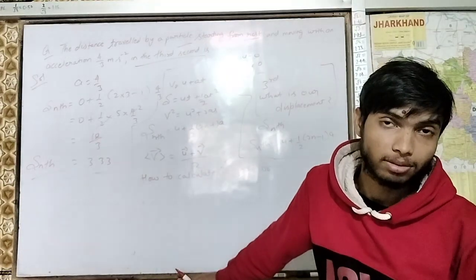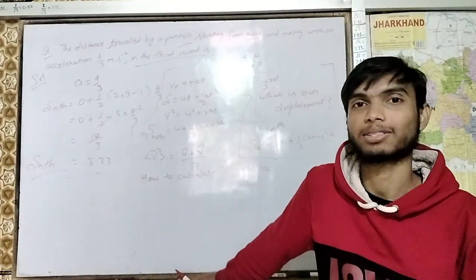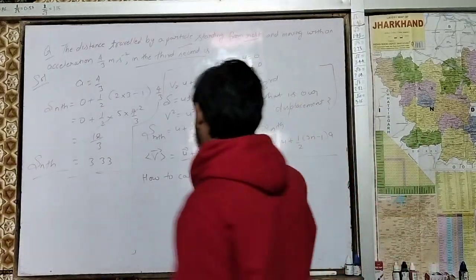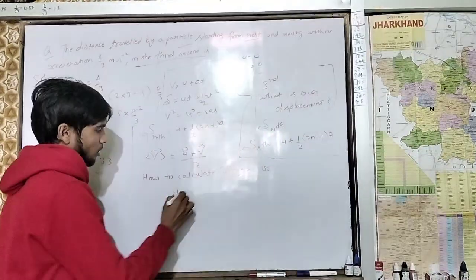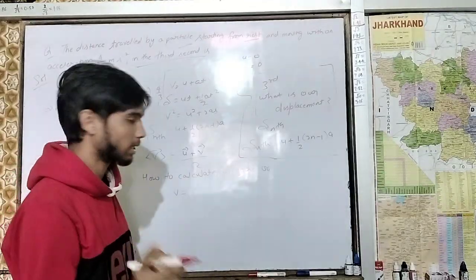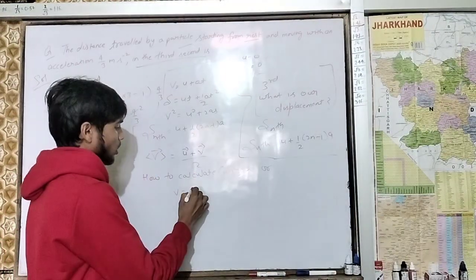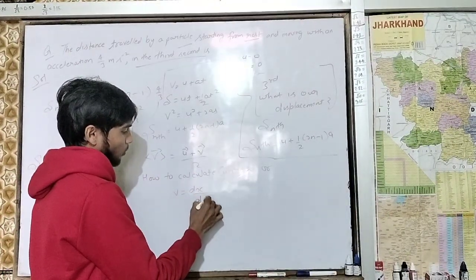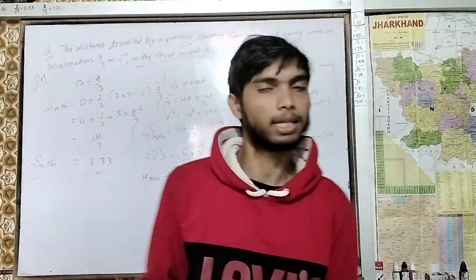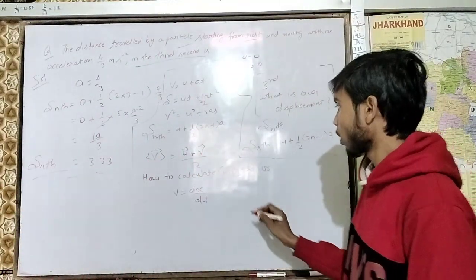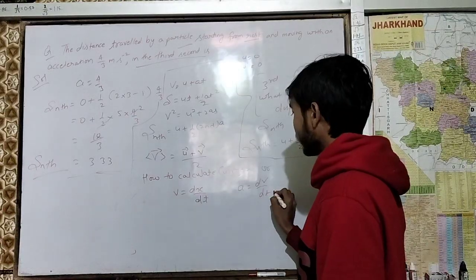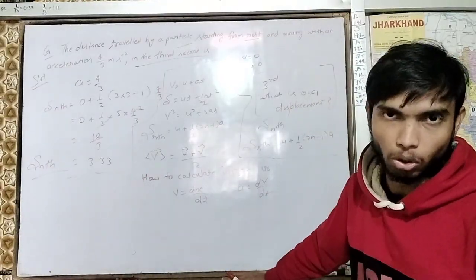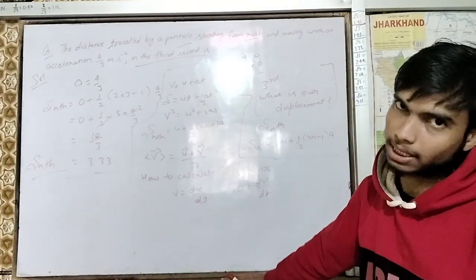The formula for instantaneous velocity is v is equal to dx upon dt, where x is the location of a particle and t is the time. For acceleration, we have dv upon dt, where v is the velocity of a particle and t is the time.